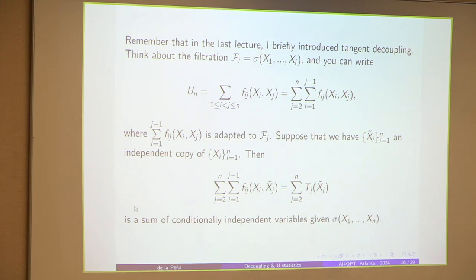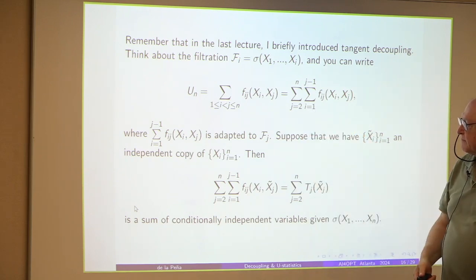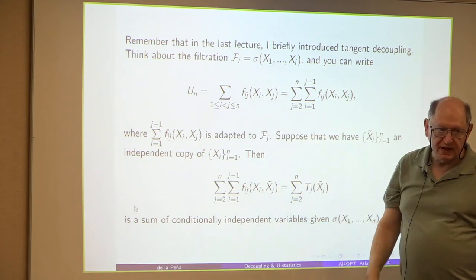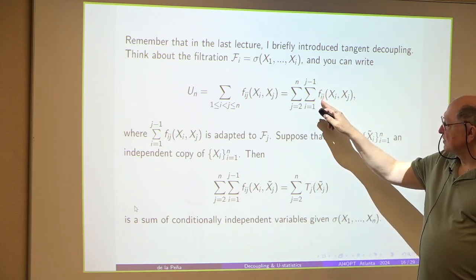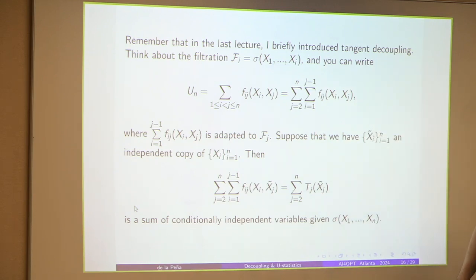Okay, so this formula includes U statistics when you let Fij be F, and also quadratic forms when you let Fij be Aij times Xij. So the result that I'm going to show you was used in the first paper of Candes and Recht on matrix completion.